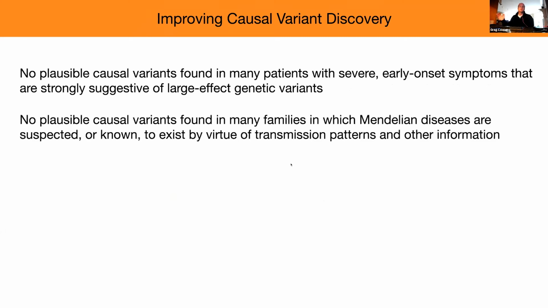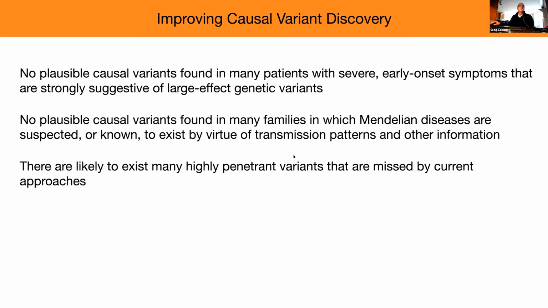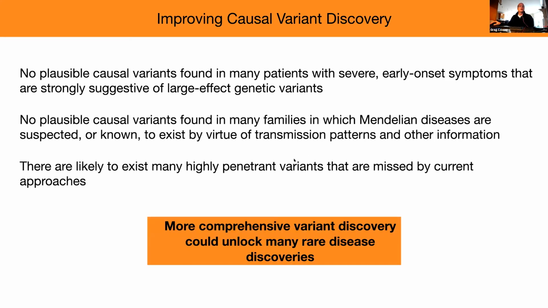This is similar to literature from lots of other studies in both pediatric and adult conditions that look Mendelian, where exome or genome sequencing just cannot find anything. And so the bottom line is that we believe that there are likely to exist a lot of highly penetrant mutation events that we just aren't seeing right now. That leads to this prediction that if we can do a better job at more comprehensively discovering variants, that could unlock many rare disease discoveries.